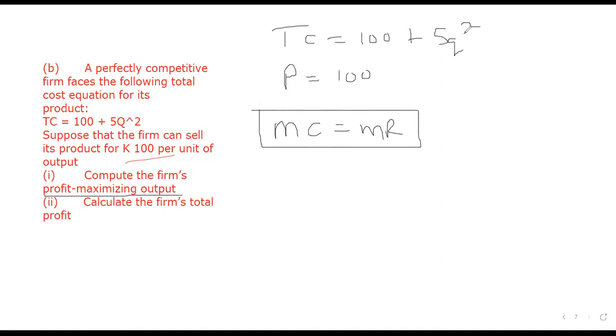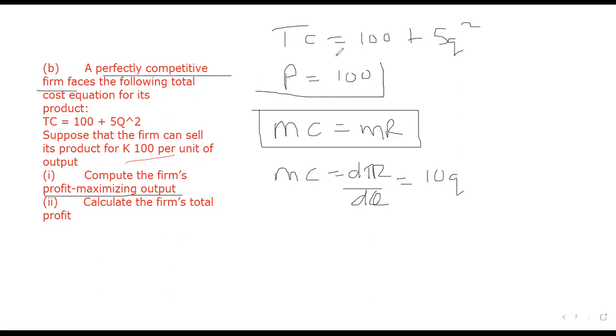So when you differentiate this one, our marginal cost will be the dTC over dQ. So we're going to have 10Q. Now this is a perfectly competitive market. You know that the price is the same as marginal revenue, which is the same 100.